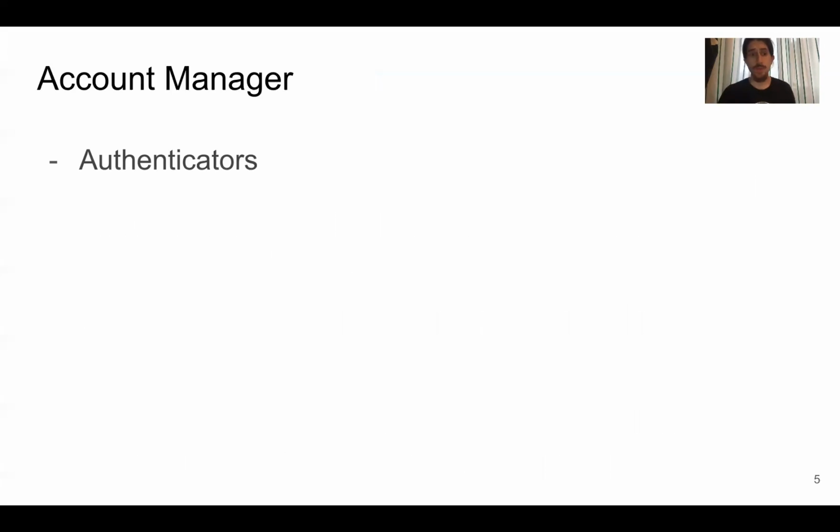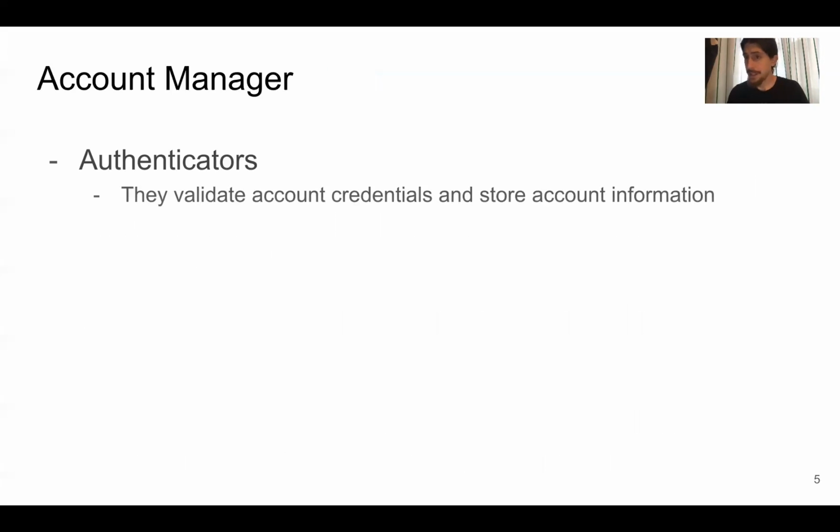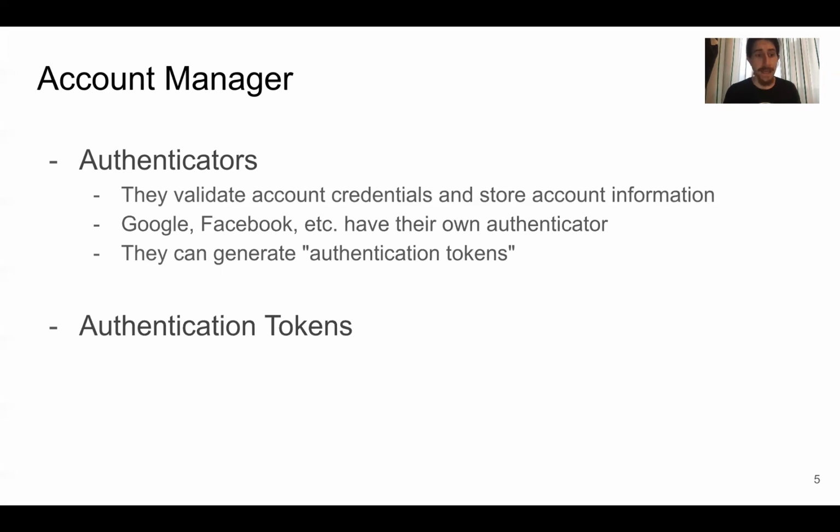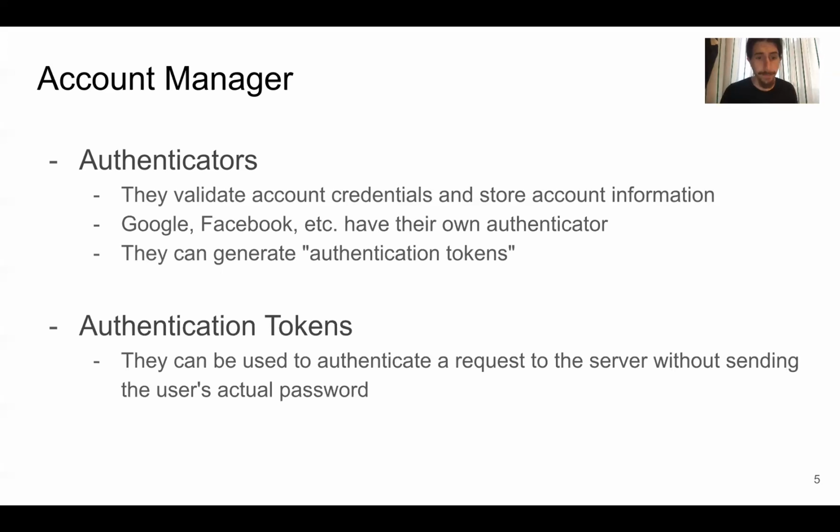For these account managers, we have authenticators, and these authenticators are objects that validate account credentials and store account information. Each of these apps that creates an entry in this account manager has its own authenticator. What they can do is generate authentication tokens. The idea is that once you have this token, it can be used to authenticate requests to the server without sending the user's actual password.